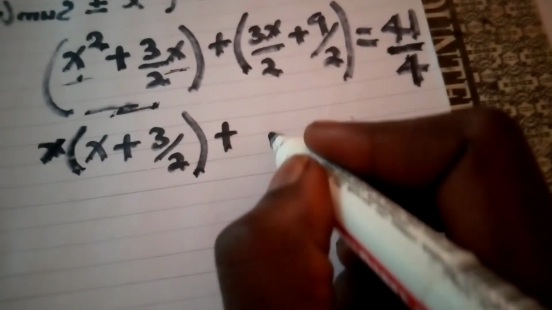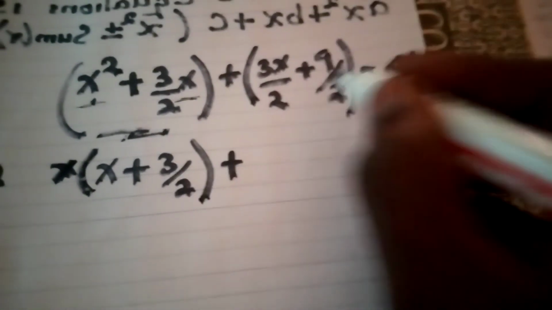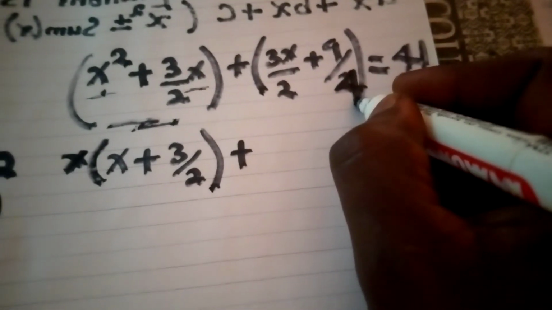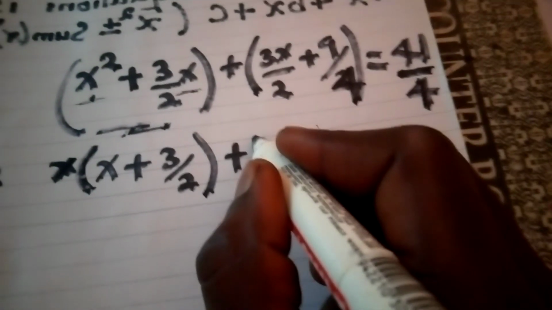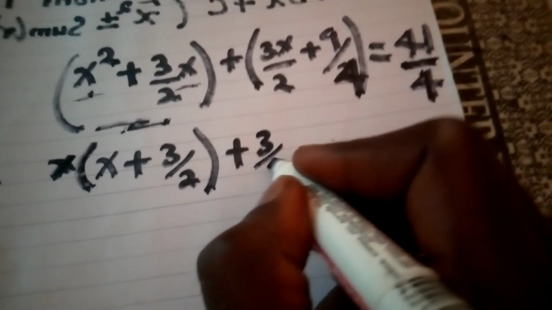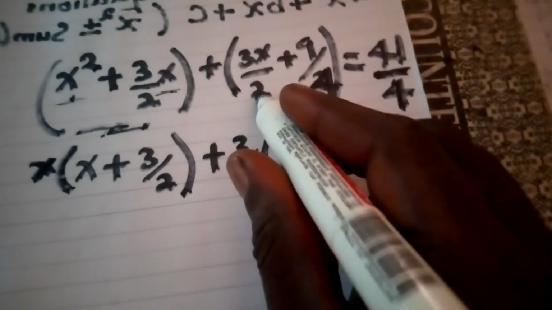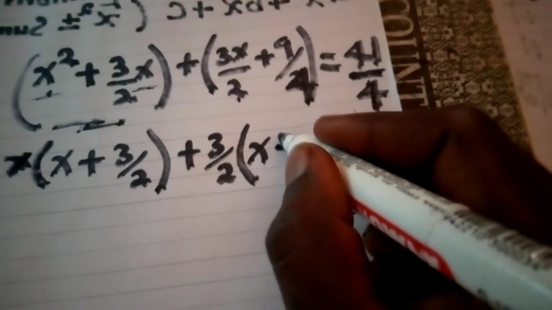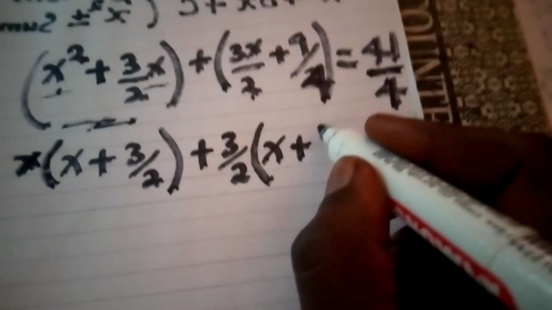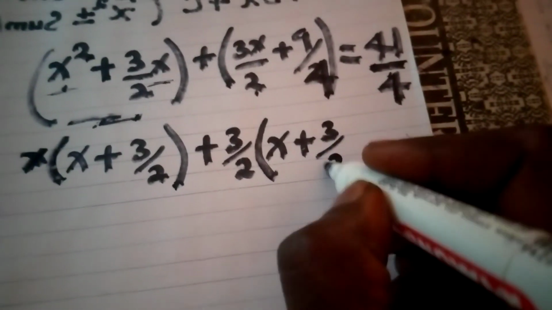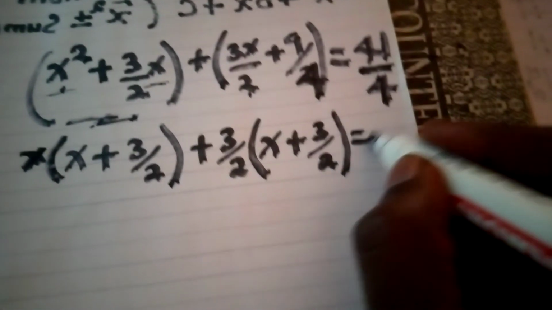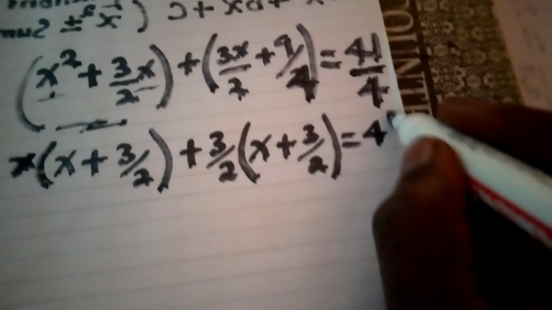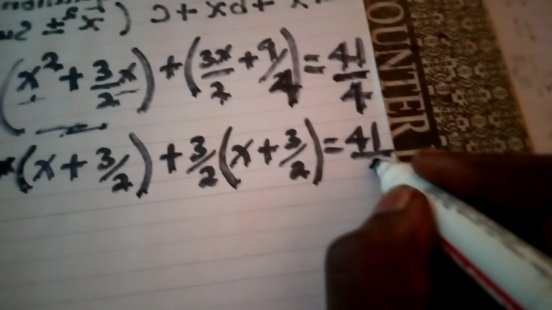Now our common factor is 3, this is supposed to be 9 out of 4. So our common factor will be 3 out of 2. Then when you pull out the common factor from this one, you'll remain with x, then plus 3 out of 2, then should give us 49 all over 4.